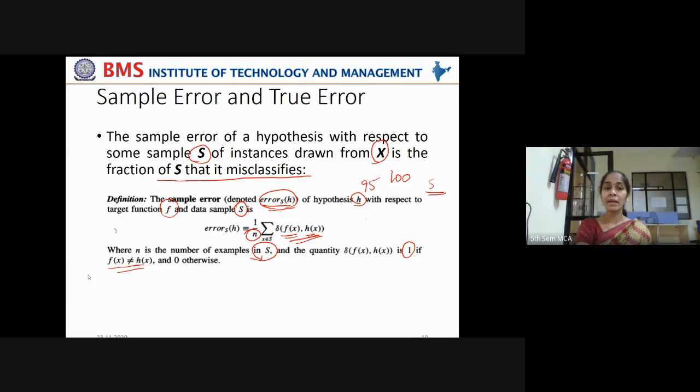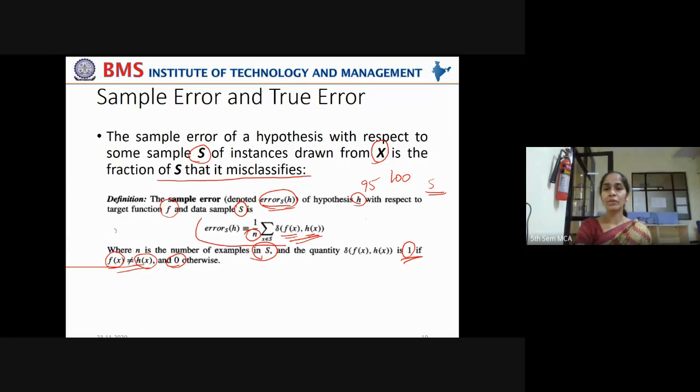When the label given in your training example is not equal to the label predicted by your hypothesis, then it is an error, right? So if the target label and the predicted label are not equal, the error is denoted as 1. If both are equal, then there is no error, so it is denoted as 0.